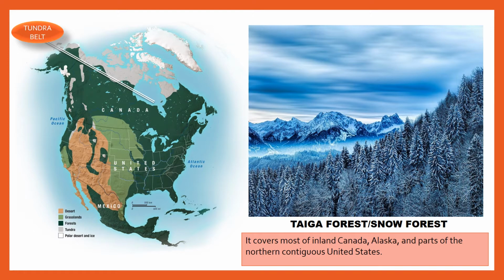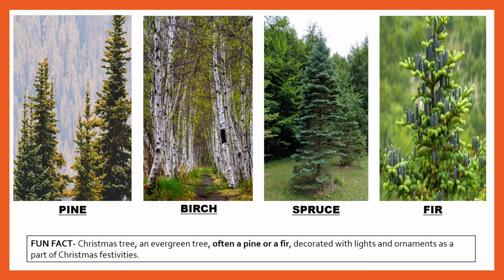It covers most of inland Canada, Alaska, and parts of the northern contiguous United States. The coniferous forests are evergreen, and species like pine, fir, spruce, and birch trees are found here.